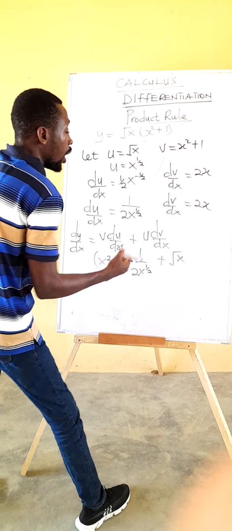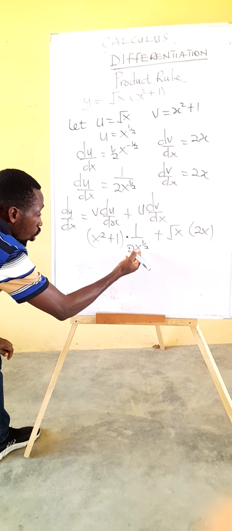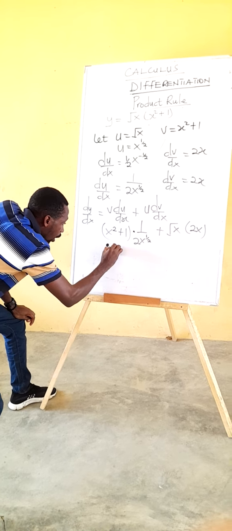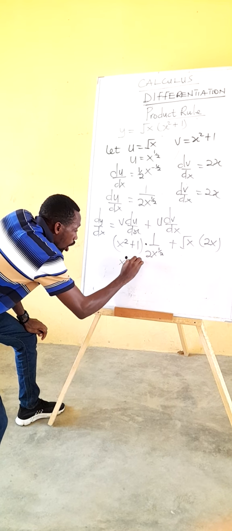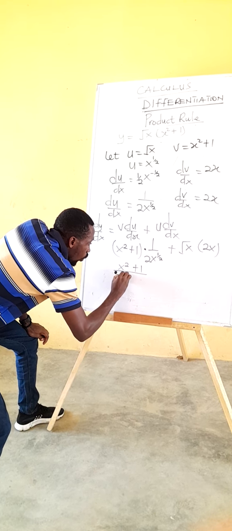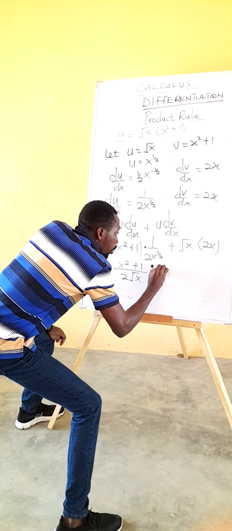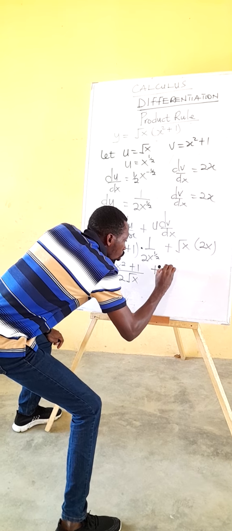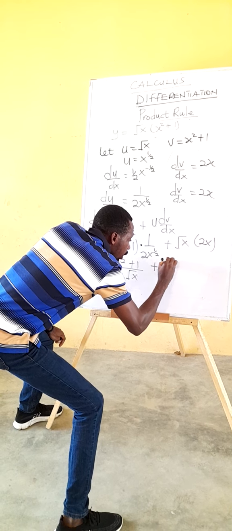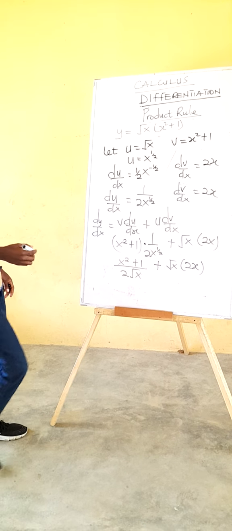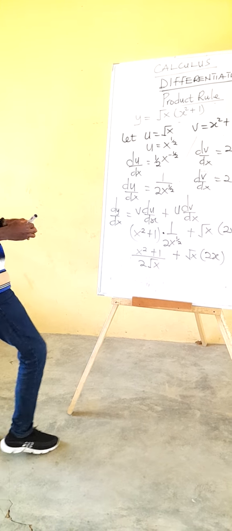That's 2x. So we can polish this. You know, x exponent half is the square root of x. So we can rewrite as x squared plus 1 over 2 root x plus root x times 2x. We can still polish this.